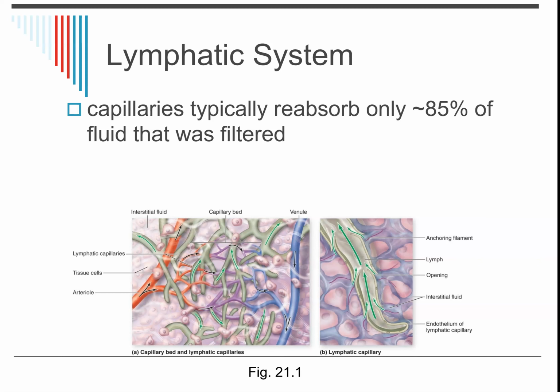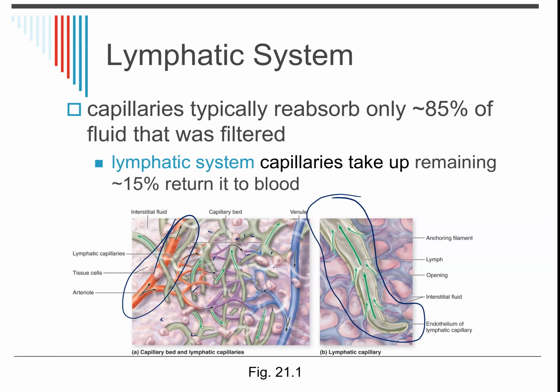So that means there's about 15% of that fluid that came out of your arterial end that's in all this interstitial fluid. Where does it go? Well, the answer is here. These little green tubes are part of your lymphatic system, and these are lymphatic capillaries. They take up the remaining 15%.